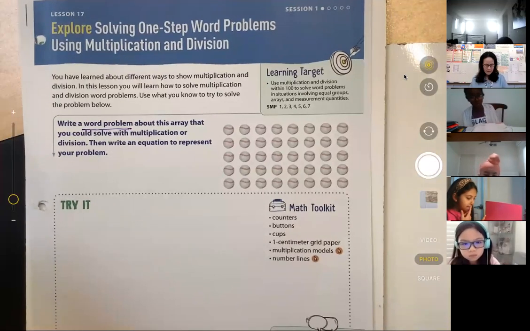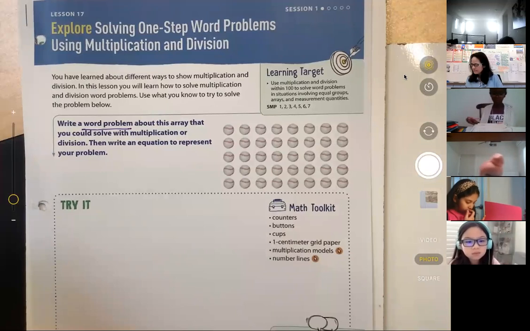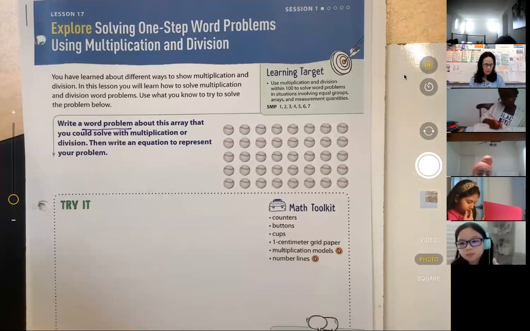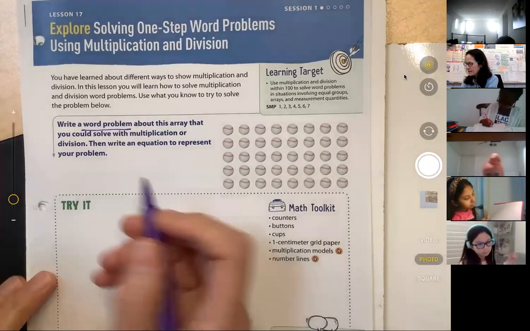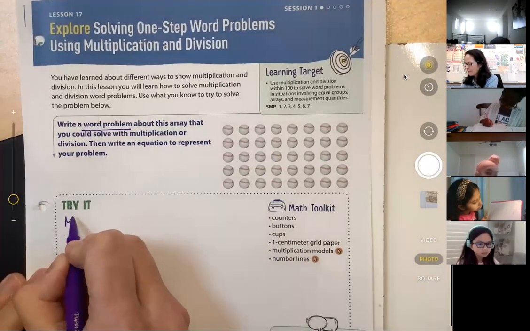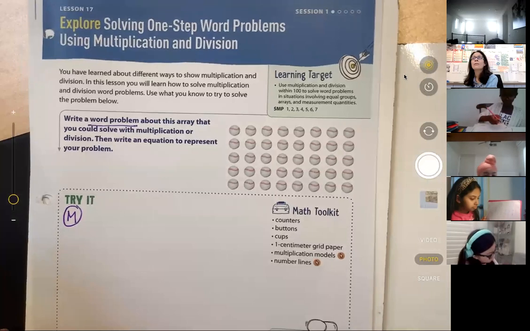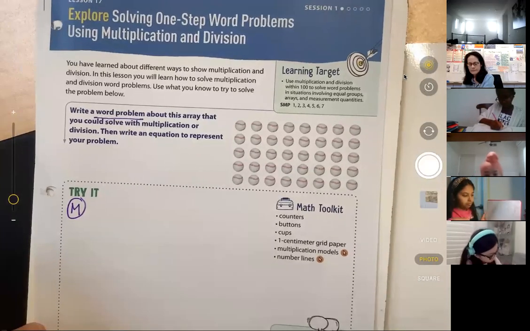So I could say, multiplication or division, we are going to start with multiplication. So I'm going to say this is going to be multiplication. That's going to help my brain. Multiplication.